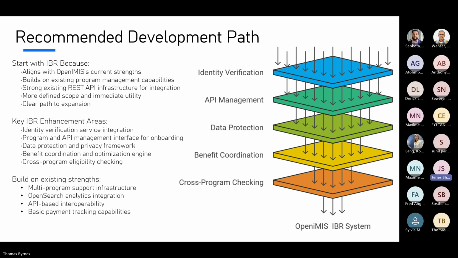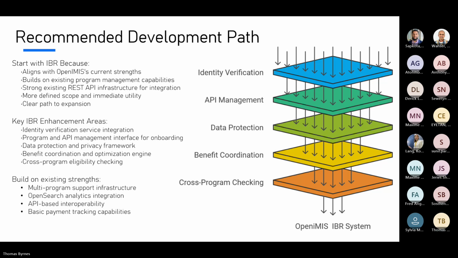Building on the multi-program support infrastructure, we can build on openIMIS to become an IBR with the existence of OpenSearch, the API, and the payment track capabilities within the current openIMIS. Those are the things that we think we should move forward on with openIMIS to become an IBR.